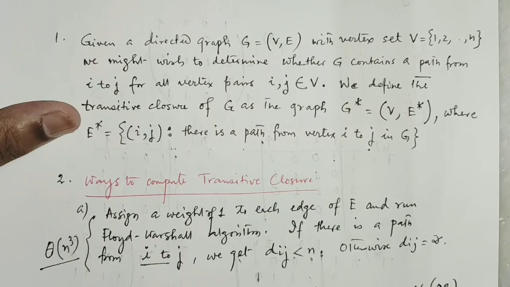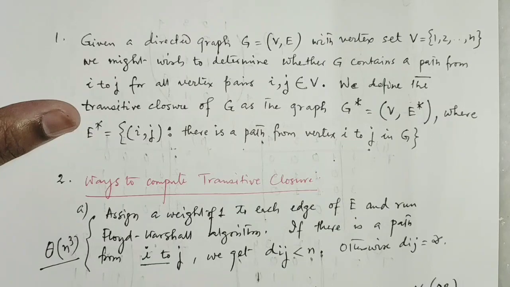One is using Floyd-Warshall, and the second method substitutes the logical operations, logical OR and logical AND, for the arithmetic operations minimum and addition in the Floyd-Warshall algorithm. I told you just before that the formula of Floyd-Warshall says minimum of d of ij comma d of ik plus d of kj.